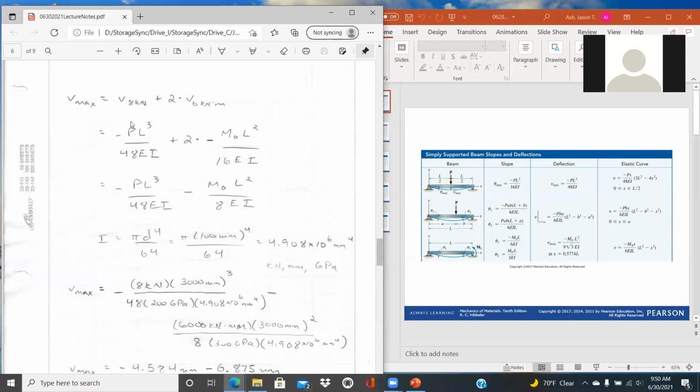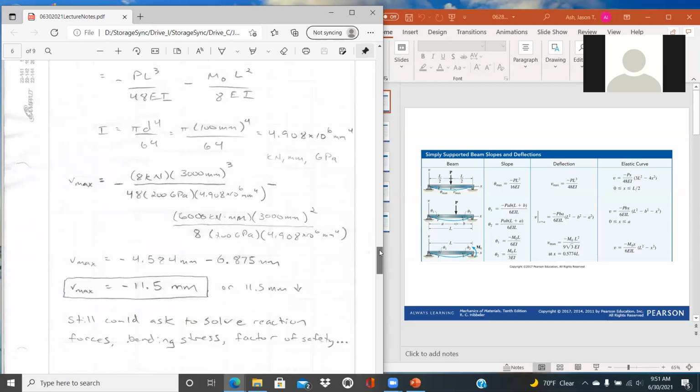And so the displacement due to the 8 kilonewton force was minus PL cubed over 48 EI. And the displacement due to the moment is then plus 2 times the negative M0 L squared over 16 EI.